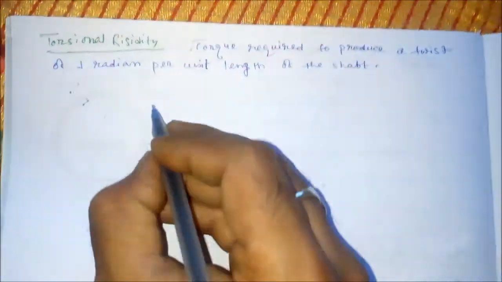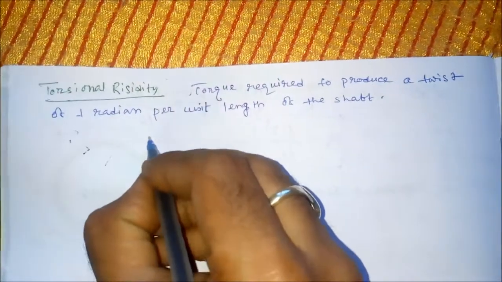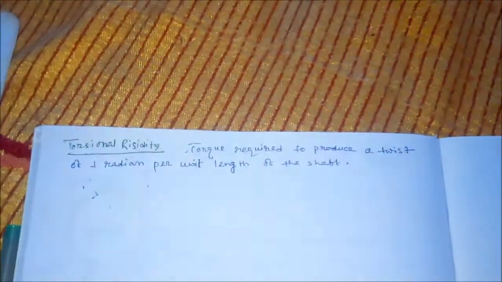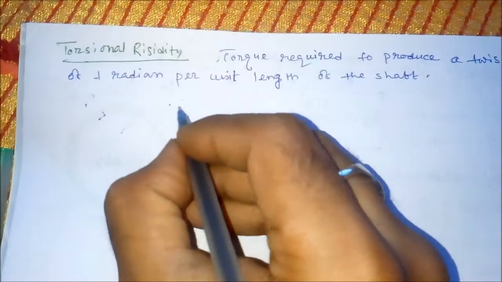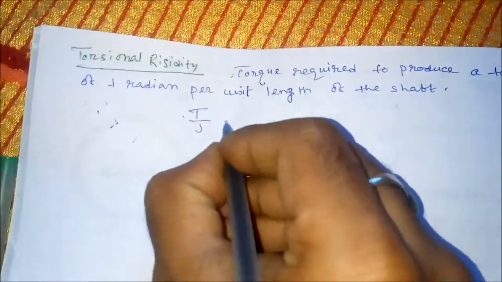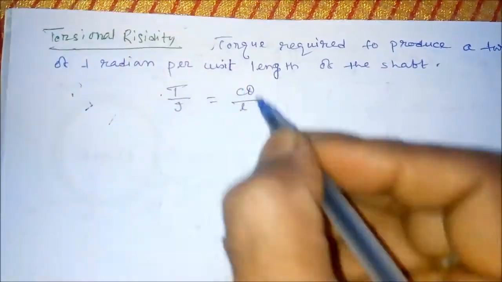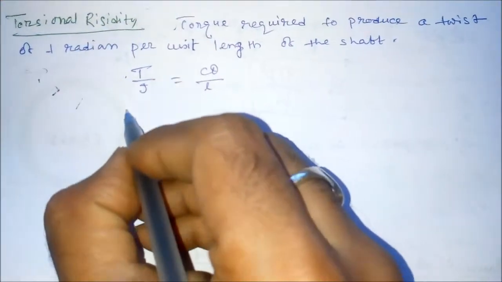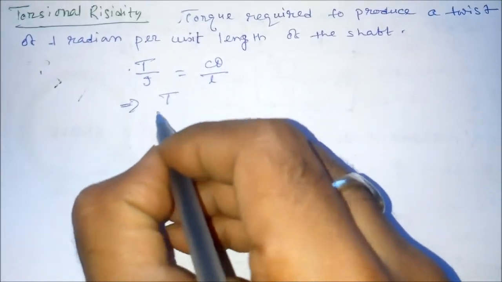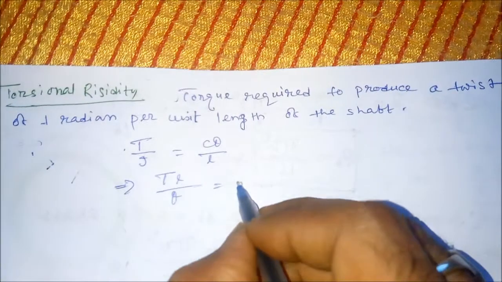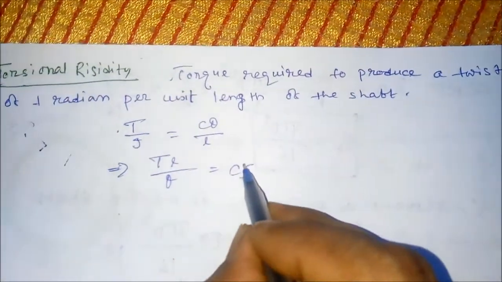Now what will be the value? We know the torsional equation: T by J equals C theta by L, right? From this we can say TL by theta is equal to CJ, right?